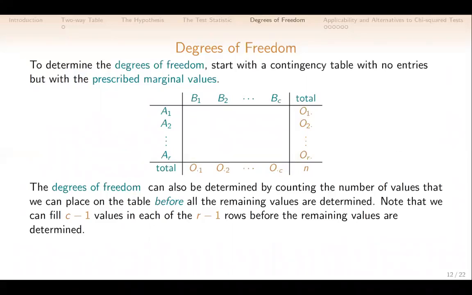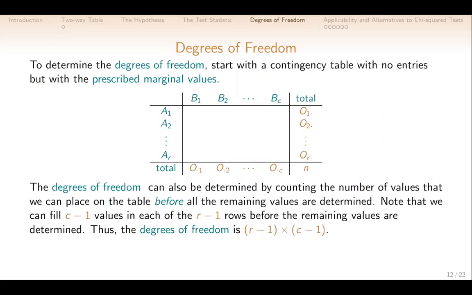And if you've done that for every row, once you get to the last column, everything has to be filled in because you have to match all the column values. So you can fill in C-1 values in each of the R-1 rows, and then after that, you're done. You can't do anything more than that. So C-1 times R-1 is one way to think about the degrees of freedom.